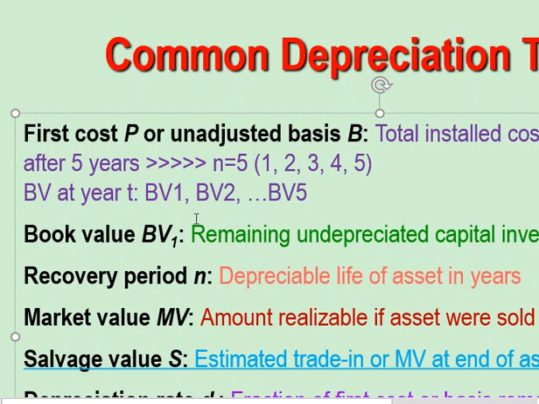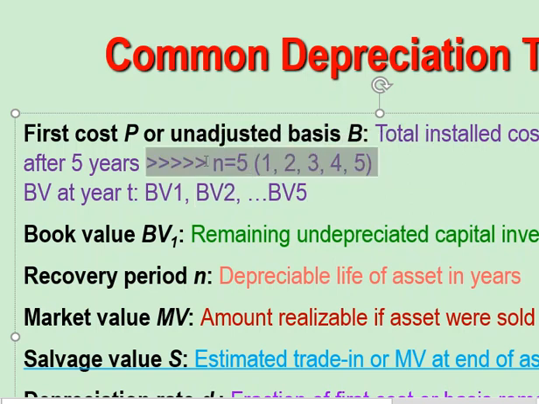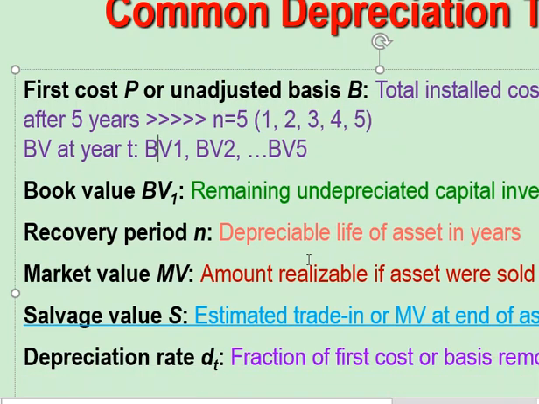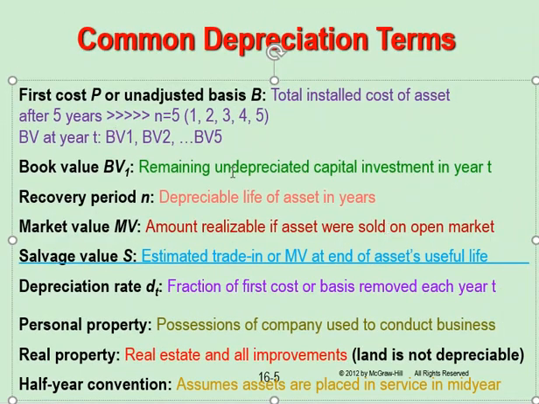Is it 1? No. Here I'm studying the depreciation at year 1. Here I'm studying the depreciation at year 2. But if I have a depreciation for 5 years, then you have to tell me n is 5. It's not 1 or 2 or 3. When I do the next example, you are going to see this. As a matter of fact, let me jump to it before I continue here.